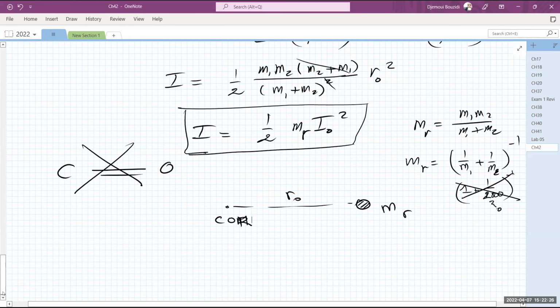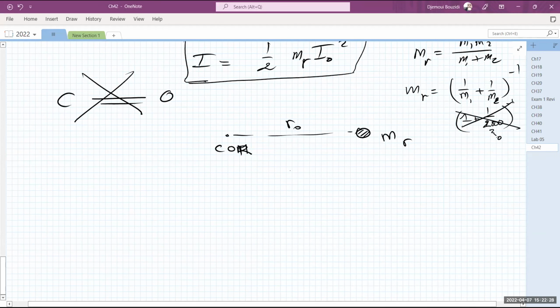So now, having said that, the angular momentum associated with this one is going to be quantized, without going through the details of it.